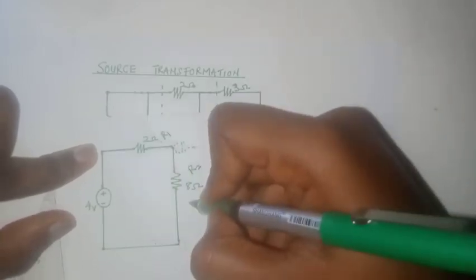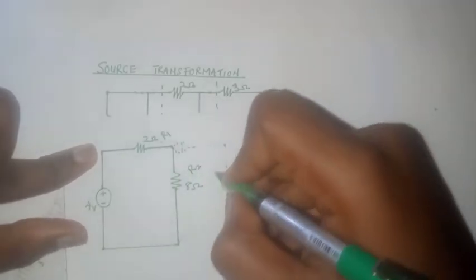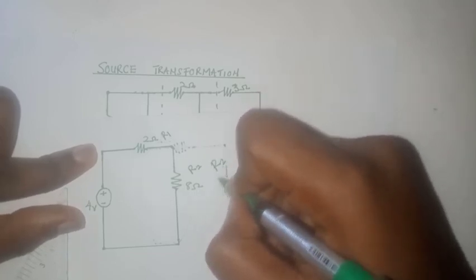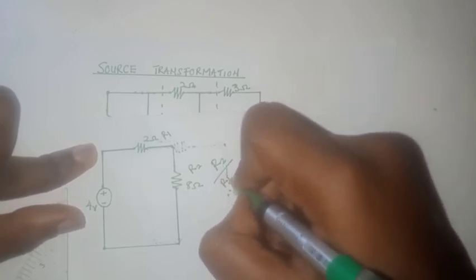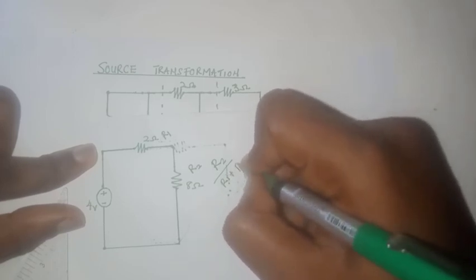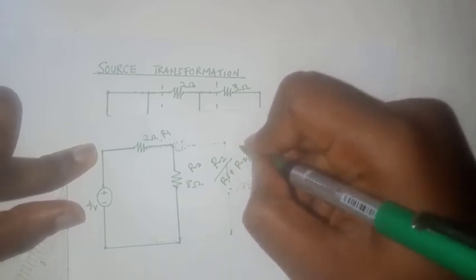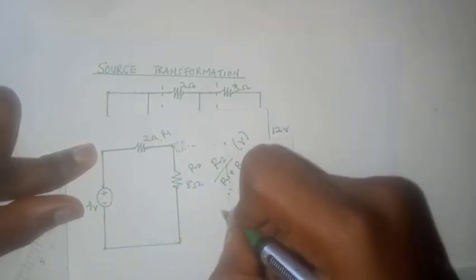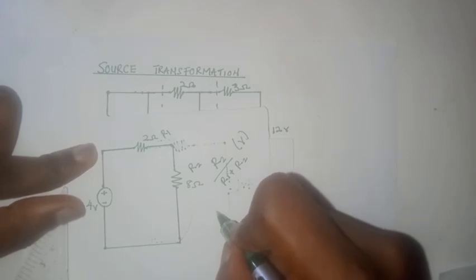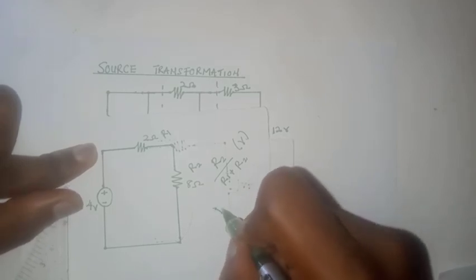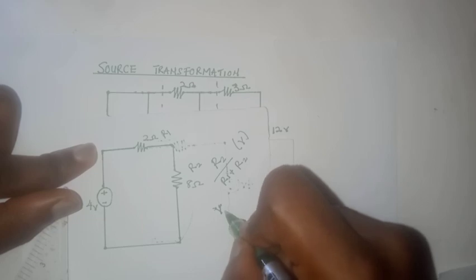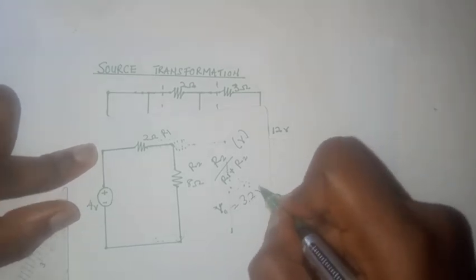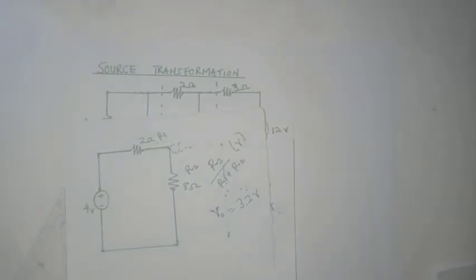The voltage drop across R2 would be R2 divided by R1 plus R2, multiplied by V, and in this case 4 volts is V, and with that we would arrive at the value of the voltage drop V naught to be equal to 3.2 volts, and that is basically what source transformation is all about.